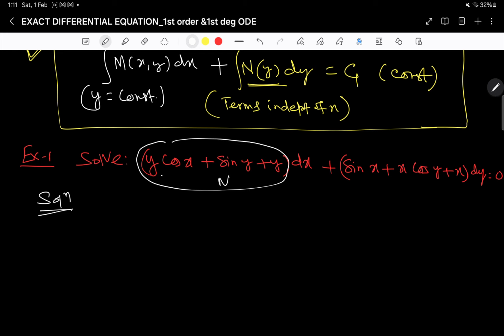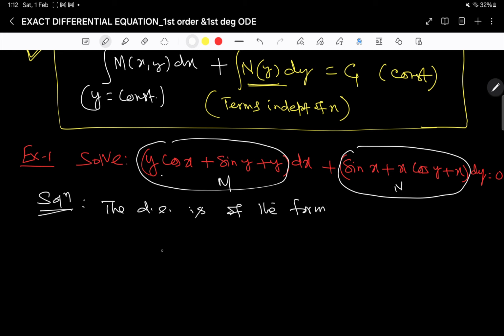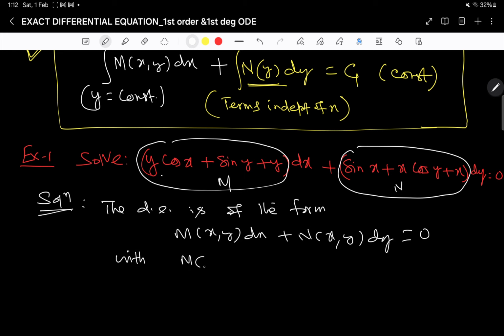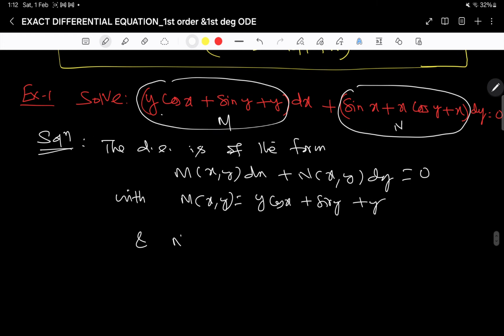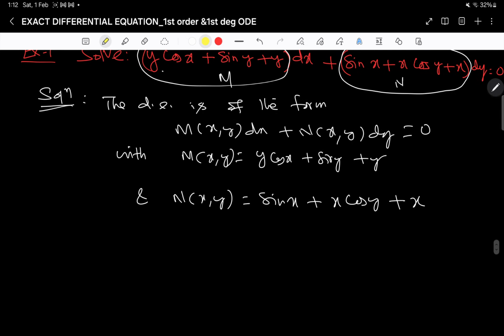Let it be your M and let it be your N. The given differential equation is of the form M(x,y) dx plus N(x,y) dy is equal to 0, with M(x,y) equal to y cos x plus sin y plus y, and N(x,y) equal to sin x plus x cos y plus x. Now we check the condition.